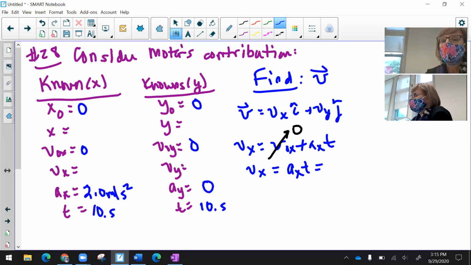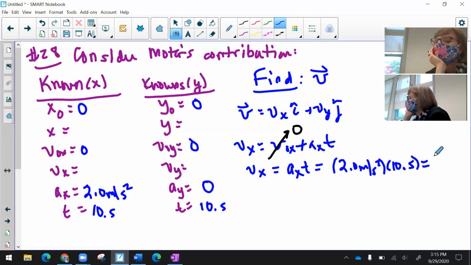And then we just substitute in. So ax is 2.0 meters per second squared times 10 seconds. And again, we don't need our calculators. 20.